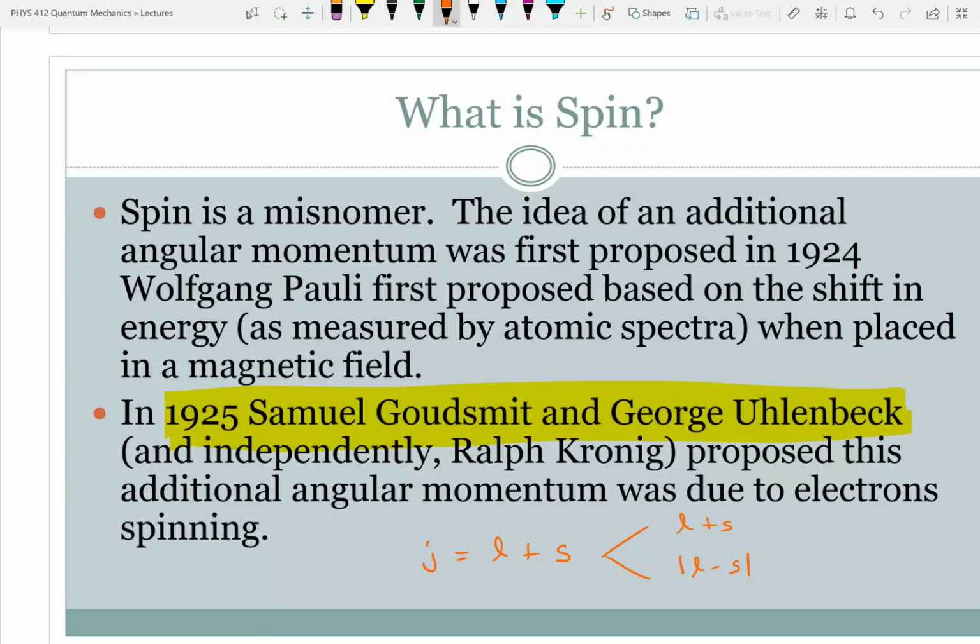The values are always positive, so there's never a negative value for the angular momentum or the spin. And so we're treating spin exactly like it's an angular momentum when it's an intrinsic magnetic moment. I'm still not sure how that is going to work out in real life, but I know that's how we do it in quantum mechanics.